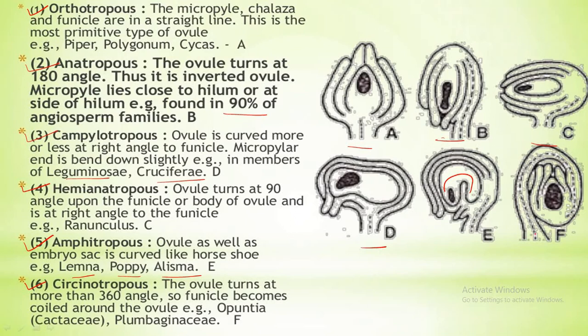Here you see this is the funicle and it covers the whole body of the ovule. So that is circinotropous. I hope you have understood these different types of ovules based on their shape and orientation.